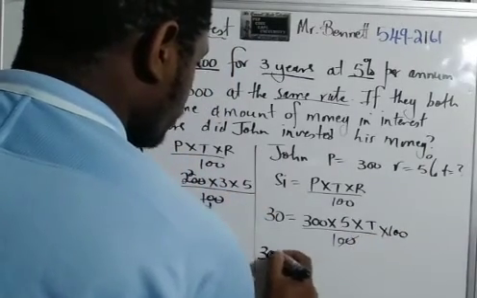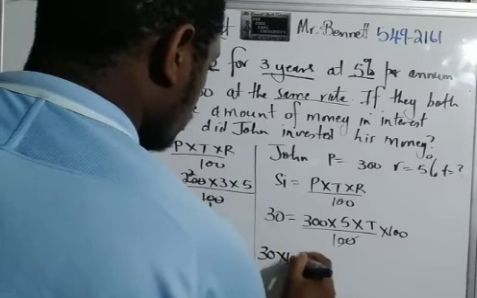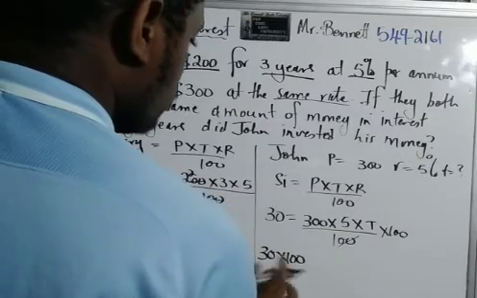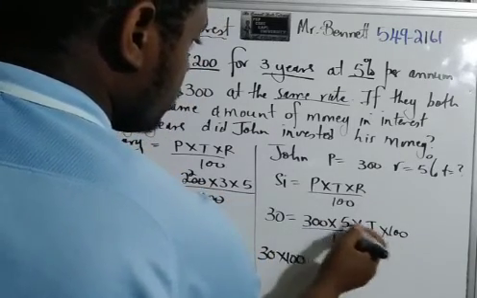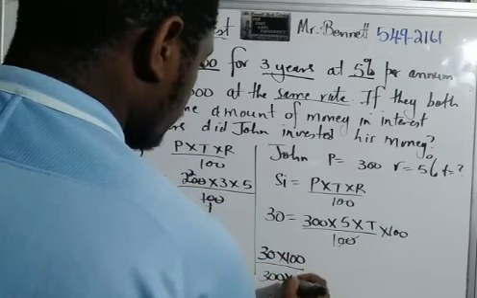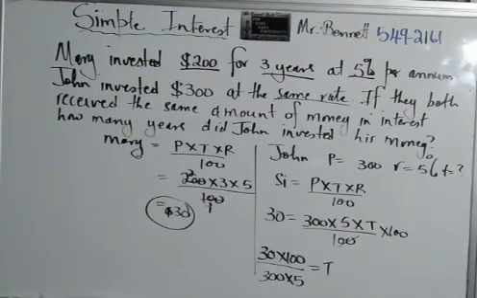So we have 30 times 100. And this is being multiplied, so we divide. We're going to be dividing by both of them, because they are times. So divide by 300 times 5. If you don't understand this step, look at my transposition video.